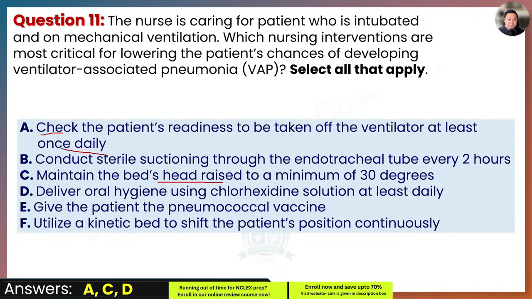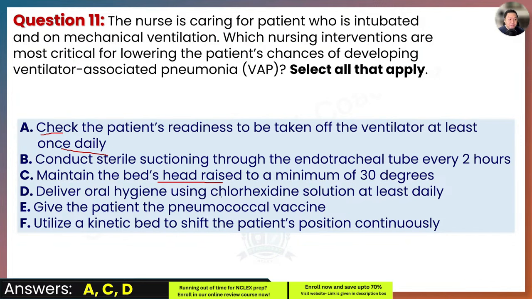This position will also reduce the risk of aspiration, which is when liquids or secretions are inhaled into the lungs. Aspiration is a major cause of VAP because it introduces bacteria from the mouth or the stomach into the lungs. So when you keep the bed raised to the correct angle, this will prevent this from happening.